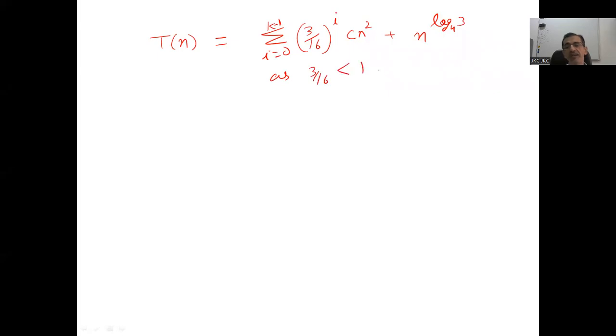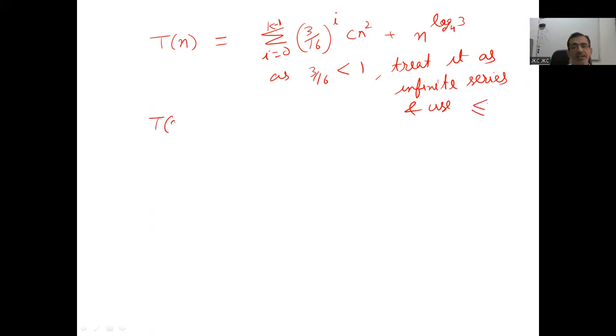So I will say, instead of writing it like this, my Tn is equal to summation of i equal to 0 to k minus 1, 3 by 16 raised to i Cn square plus n raised to log base 4 of 3. I will say as 3 by 16 is less than 1, treat it as an infinite series and use an inequality of less than or equal, with some extra value added on the right side.